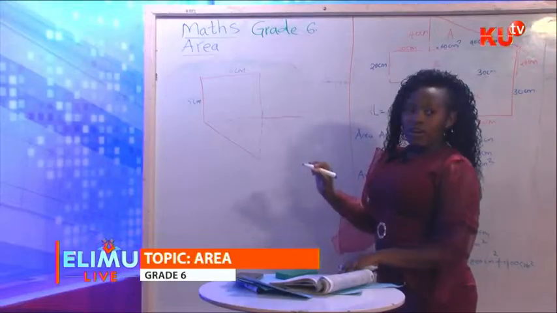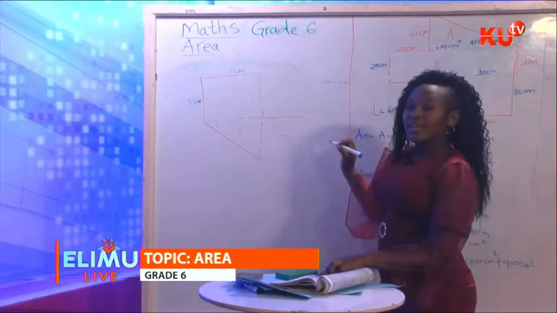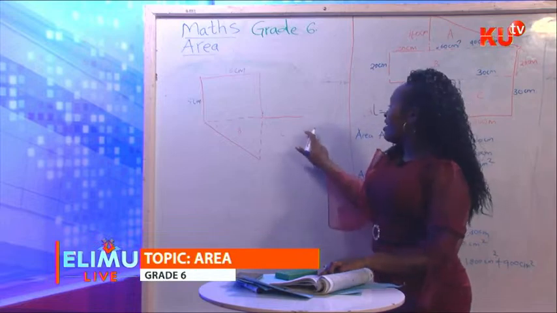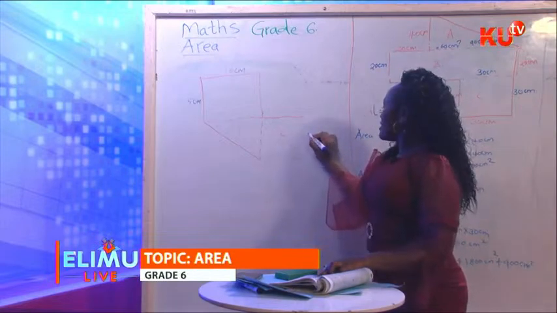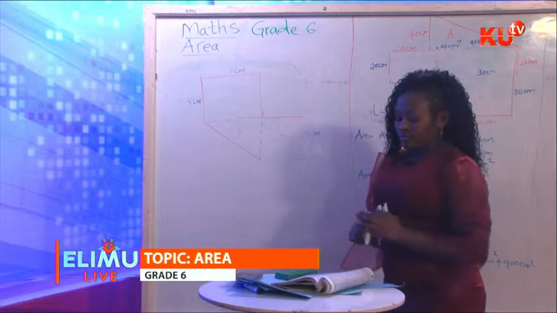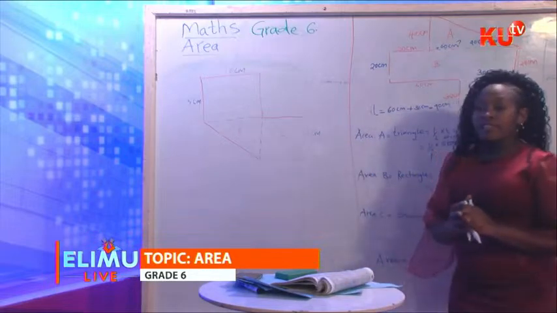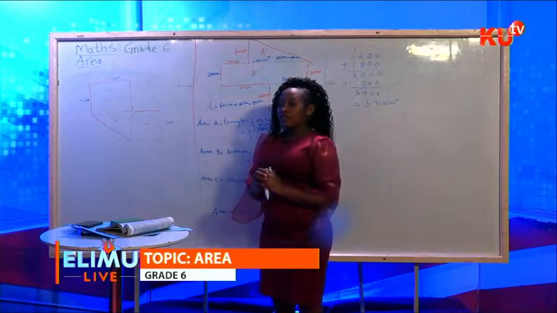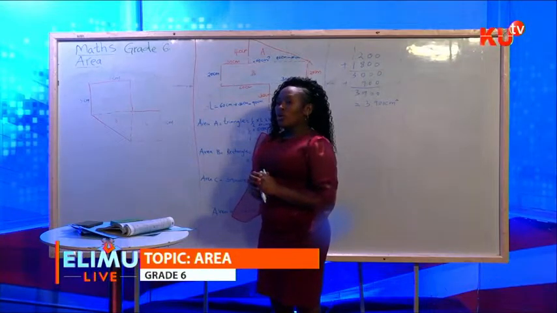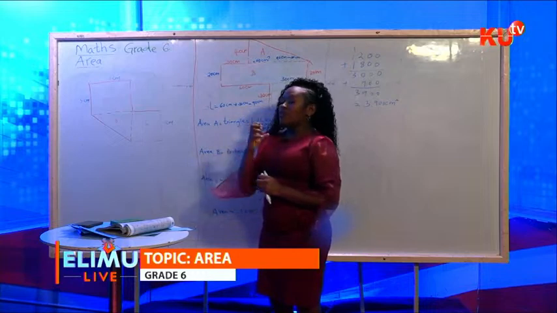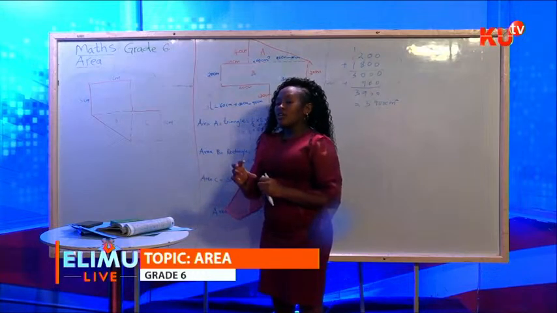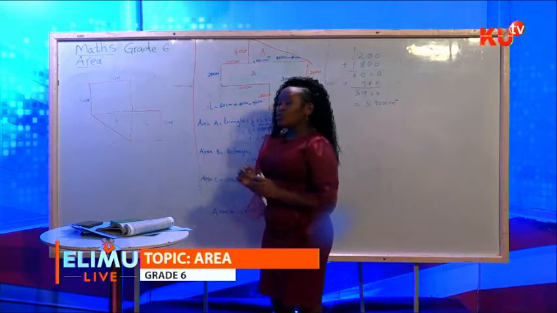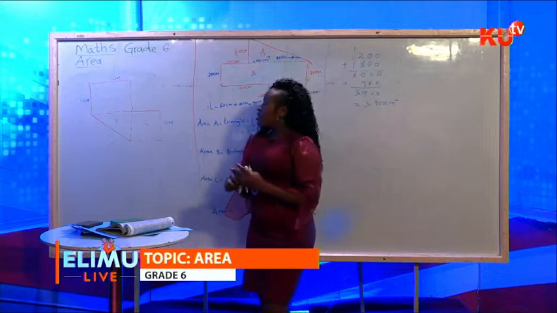Then we have also been given one side of our square here, which is 8 centimeter. So that is the only length that we have been given, and then we have been told to find the area of that figure. So with the language we have about triangles, rectangles, and squares, we can be able to work out that sum.